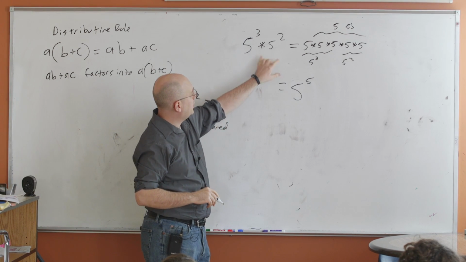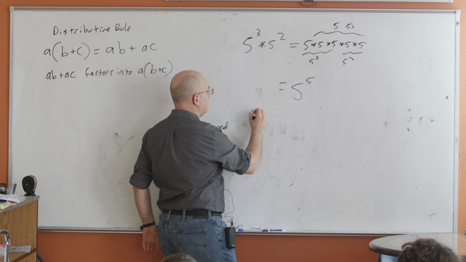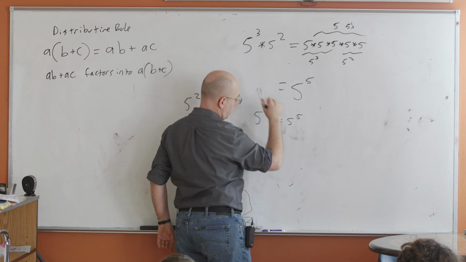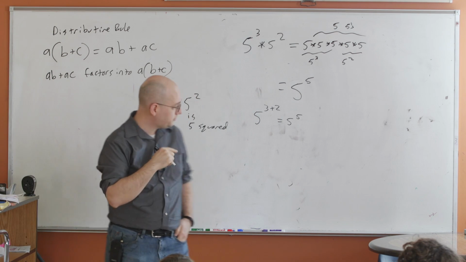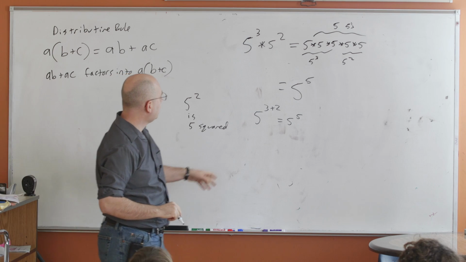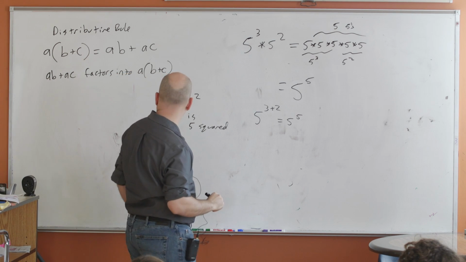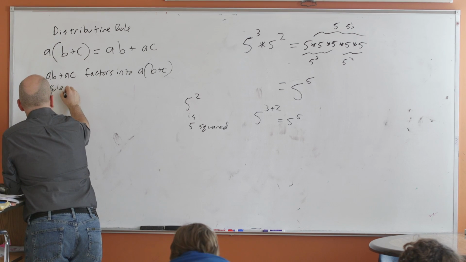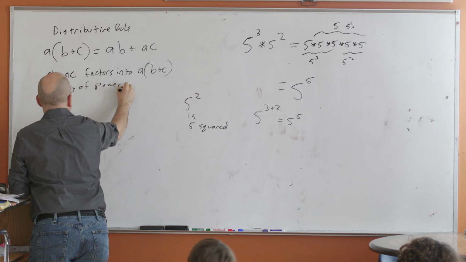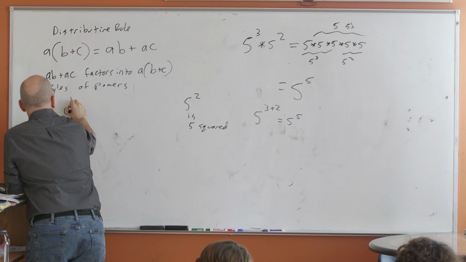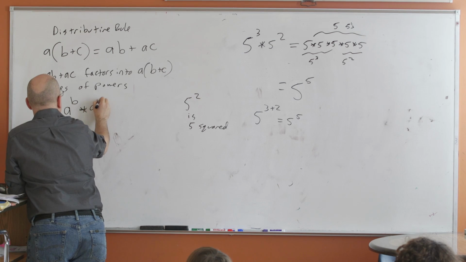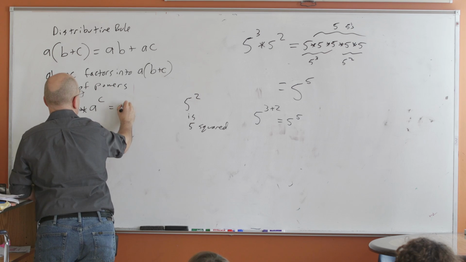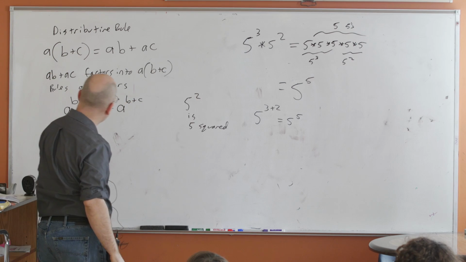And how could I do that without doing this? Well, 5 to the 3 plus 2 is 5 to the 5. So one rule is rules of powers. If you have two numbers you're multiplying together with the same base, you can add the exponents.